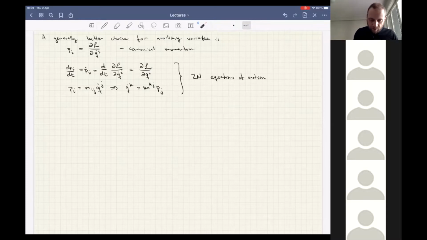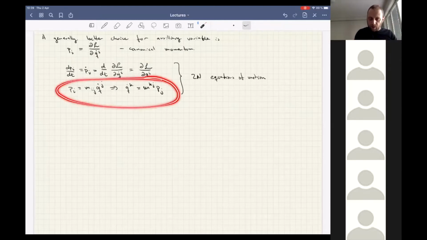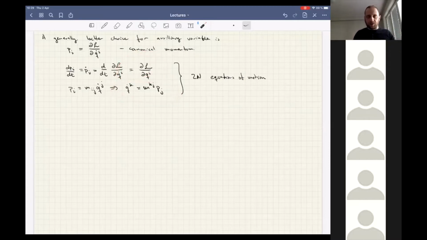We have n equations of this form because I can take any value from 1 to n, and the same is true here, that k can take any value from 1 to n, and therefore I have n equations here and n equations there. And they tell me the time derivatives of the q's and of the corresponding canonical momentum.